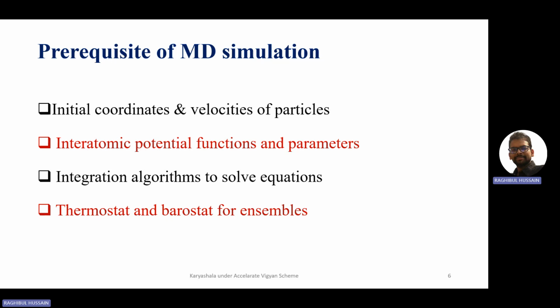The temperature rises, again velocity rises. So there has to be some mechanism which will absorb this temperature. In an experiment, if such things happen, we put a jacket, an insulator. Same thing here, we use the thermostat. That means we give this artificial heat bath so that it will absorb the additional temperature and bring our system into stability.